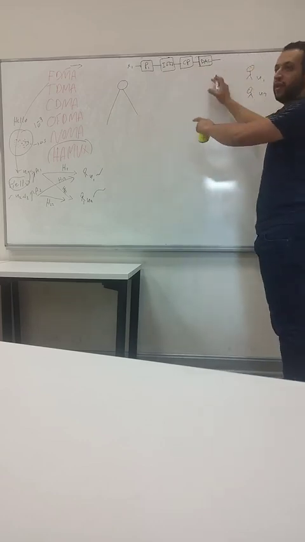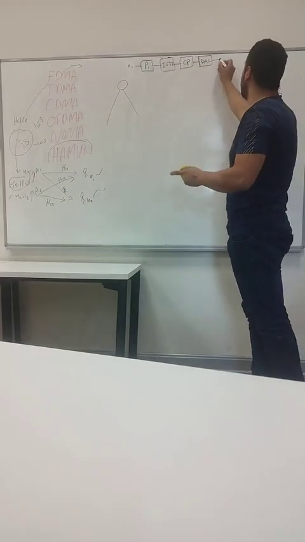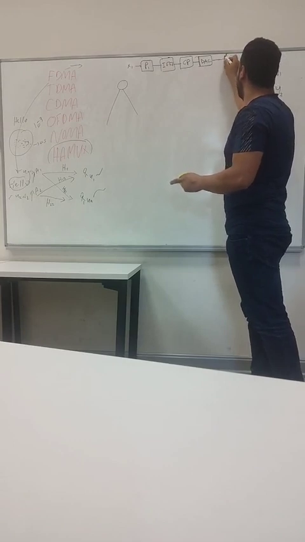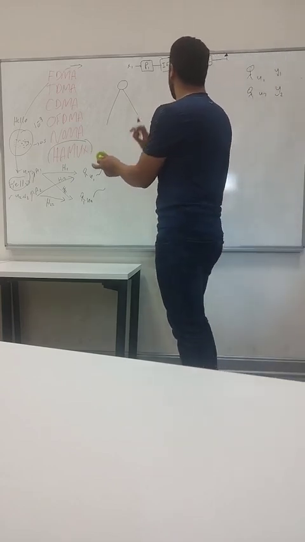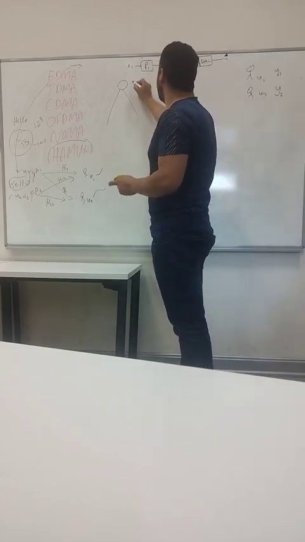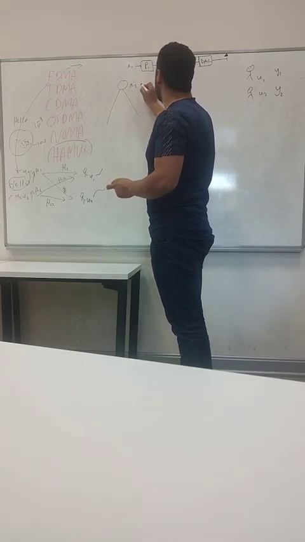After that, you go to the antenna. So this is for X1. And for X2, we are putting another precoder.